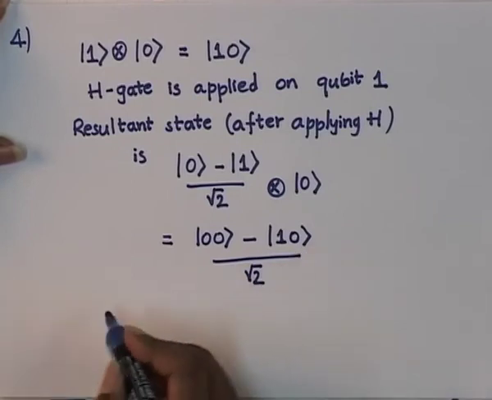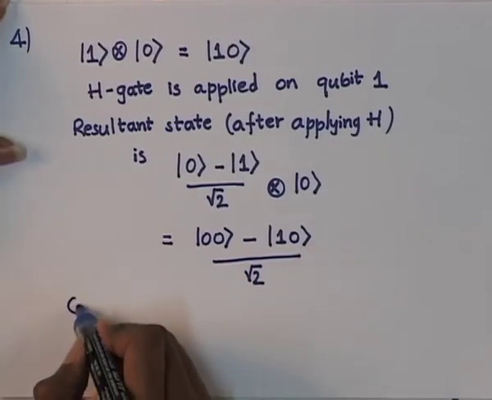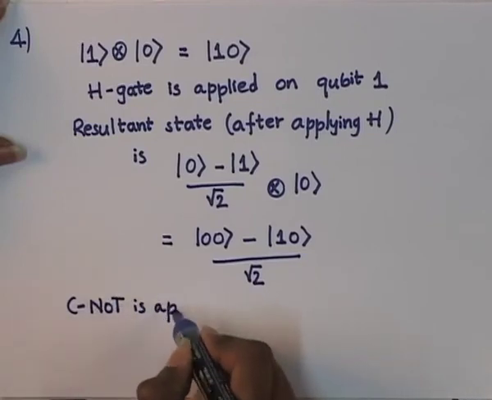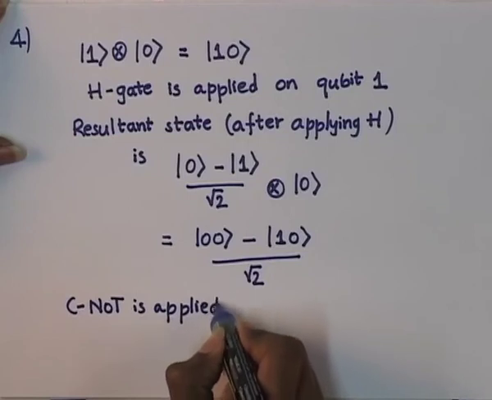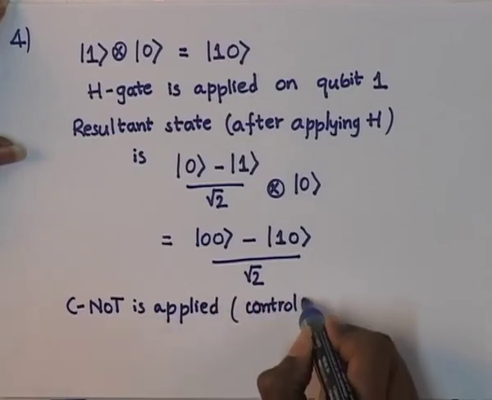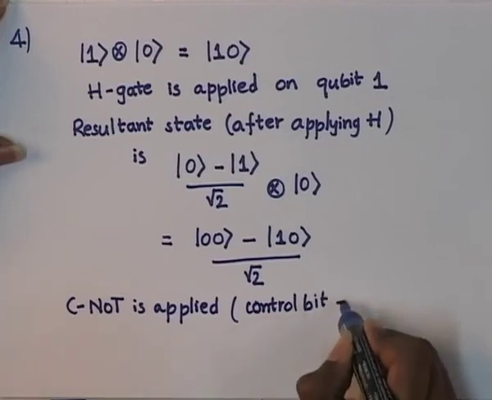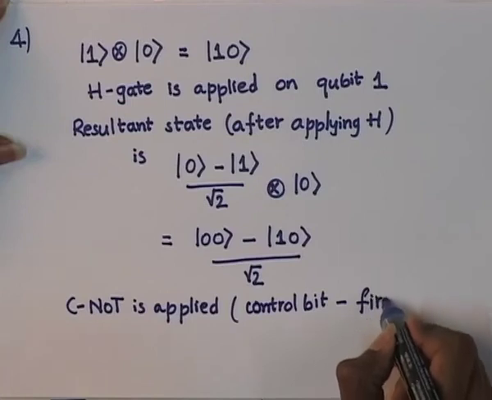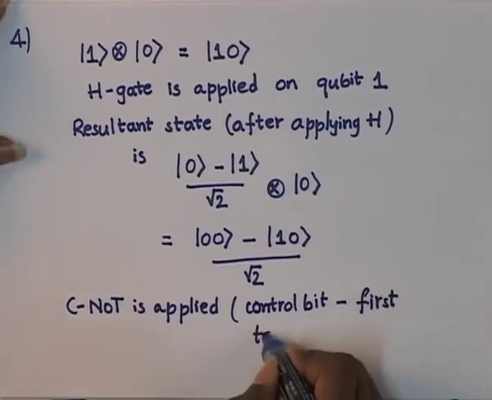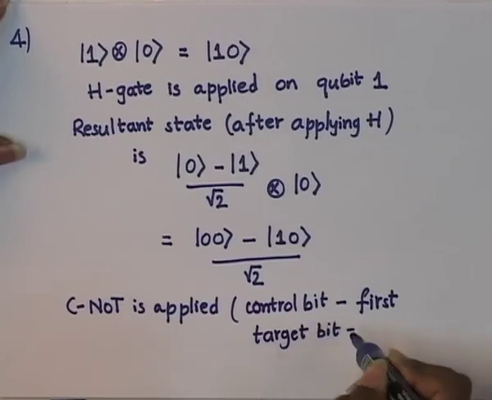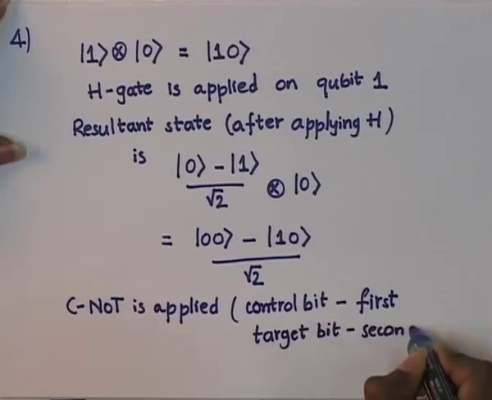And now we see that a controlled NOT gate is applied, where the control bit is the first one and the target bit is the second one.